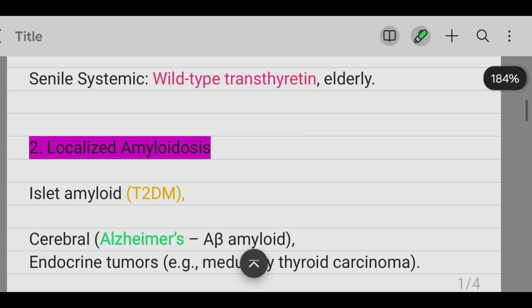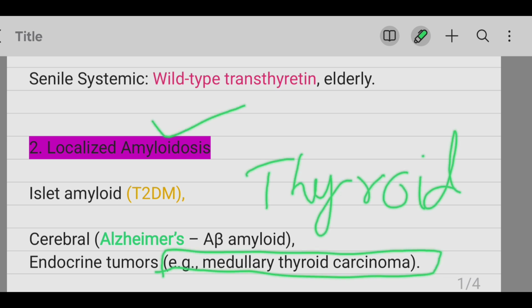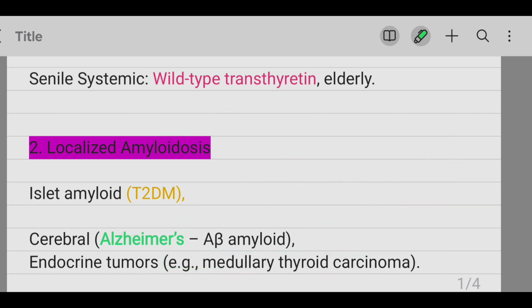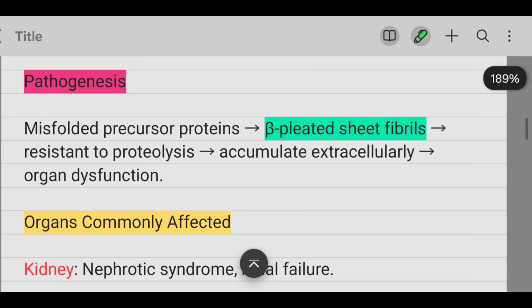Then we have endocrine tumors, for example with medullary thyroid carcinoma, leading to the deposition of amyloid in the thyroid gland. So we have different localized amyloidosis, for example islet amyloidosis, Alzheimer's disease and endocrine tumors leading to amyloidosis in different glands of the body.